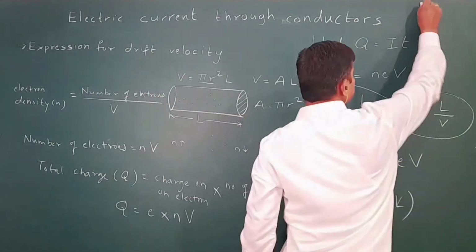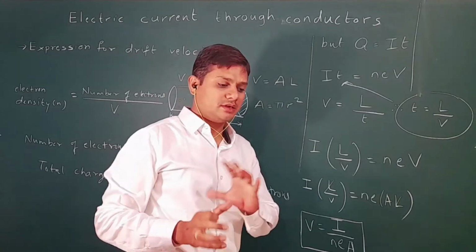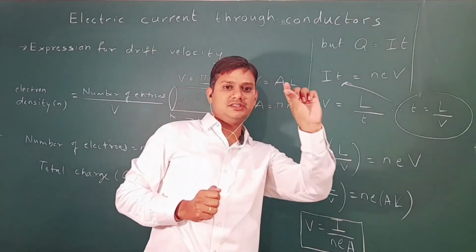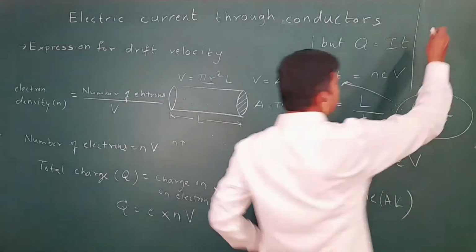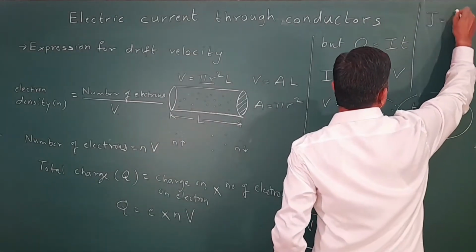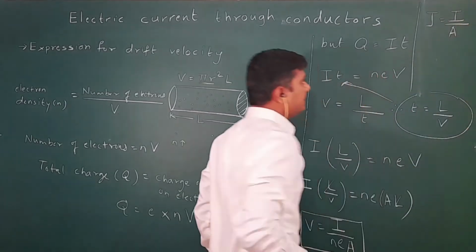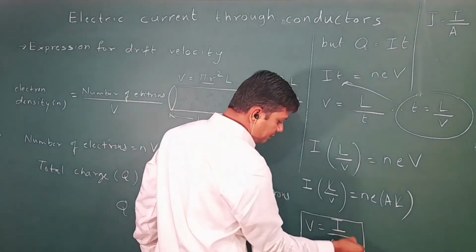Now there is one more concept, current density. Current density means the amount of current passing through a unit cross sectional area, and the formula for current density is current upon area. So here we already have current upon area, current per unit area.